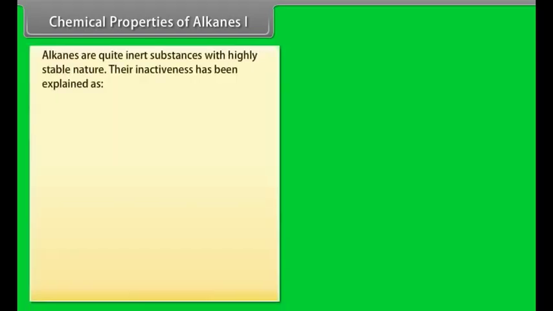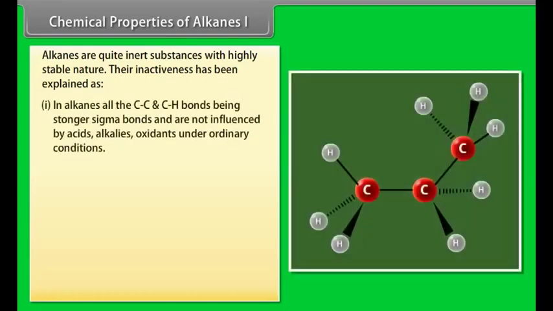Chemical properties of alkanes, part 1. Alkanes are quite inert substances with a highly stable nature. Their inactiveness has been explained as: Number 1. In alkanes, all the carbon-carbon and carbon-hydrogen bonds are strong sigma bonds and are not influenced by acids, alkalis, or oxidants under ordinary conditions.